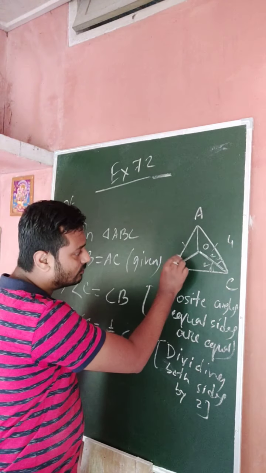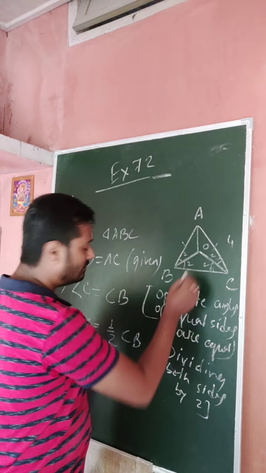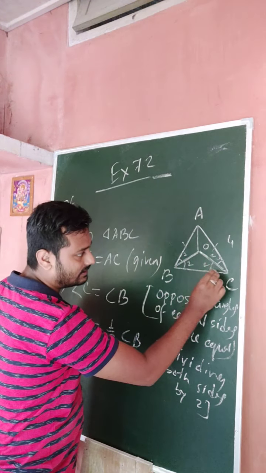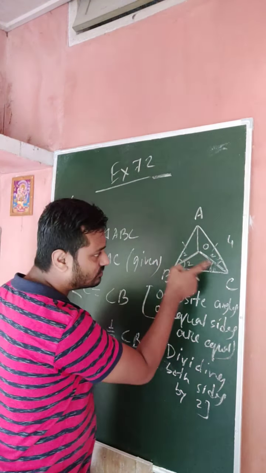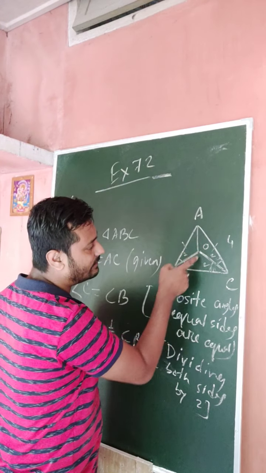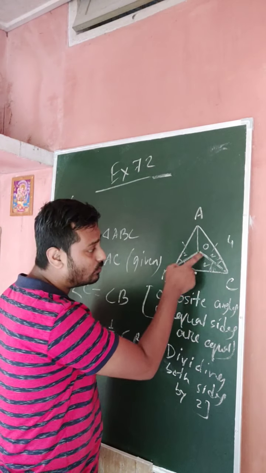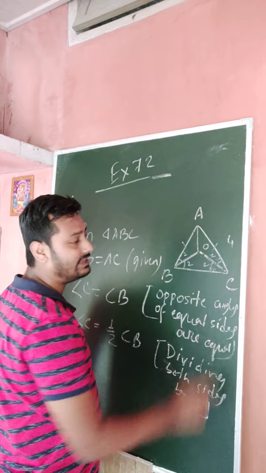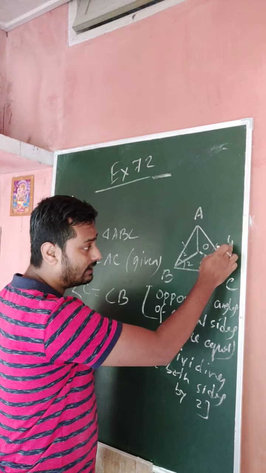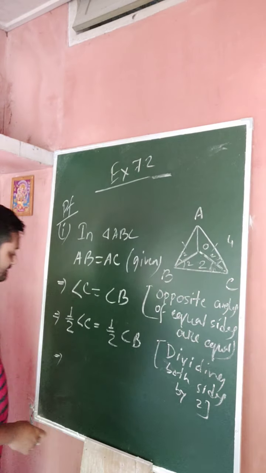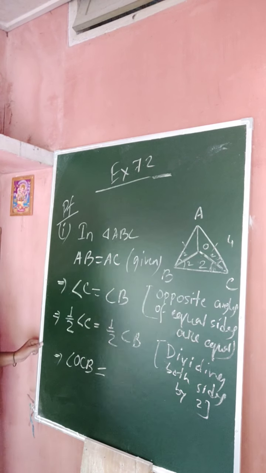Half of 4 is 2, and 4 is the angle C. So half of C is equal to, you can write, angle OCB. Clear?